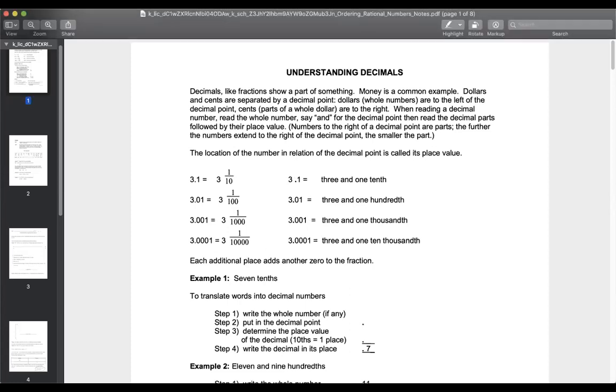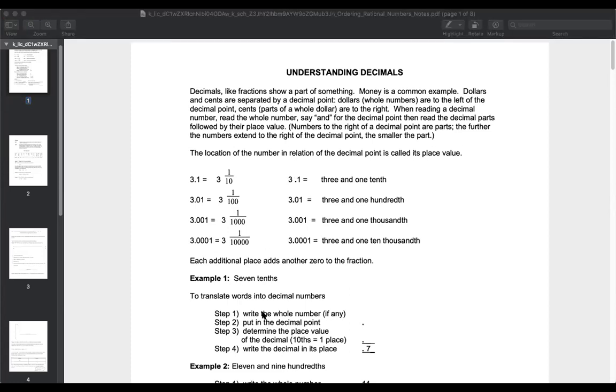Yeah, it should be the first assignment. It actually says comparing rational numbers notes. It's the 6th thing listed.